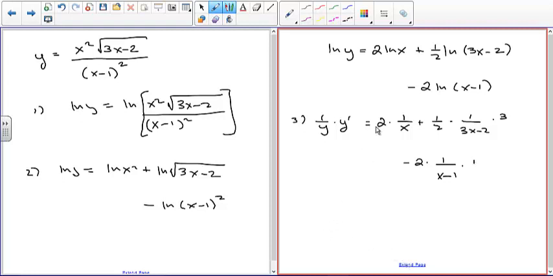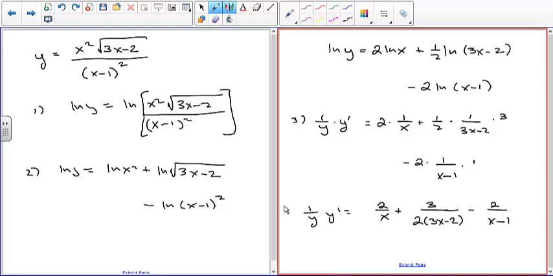So let's clean it up a little bit. Oh, sorry. Wrong equations there. So we get 1 over y times y prime is equal to 2 over x plus 3 over 2 times 3x minus 2. So this comes to the top. I just combine these two together, minus 2 over x minus 1. Okay, so that's the derivative.